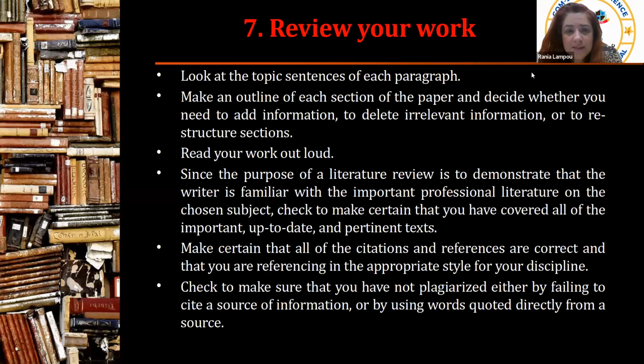Prioritize analysis over description. When you review your work, make an outline of each section of the paper. Decide whether you need to add information or delete irrelevant information. Make certain that all the citation references are correct and that you are using the appropriate referencing style for your discipline.